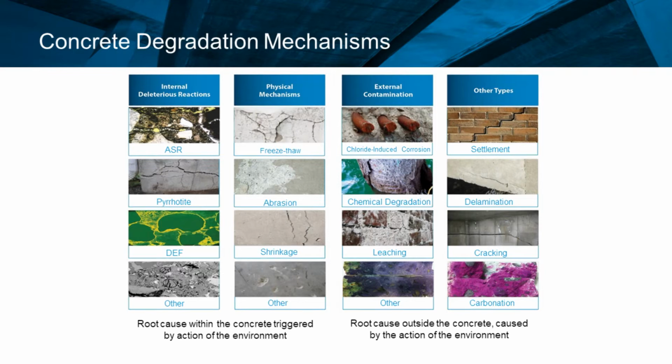The third column is something that has less to do with the concrete and more to do with the environment. So there's not necessarily a problem within the concrete, so there are no defective aggregates or weakness, but the concrete is exposed to very severe conditions, and contaminants can enter within the concrete and generate either corrosion, chemical attacks, and so on.